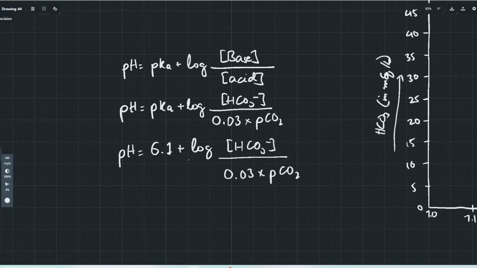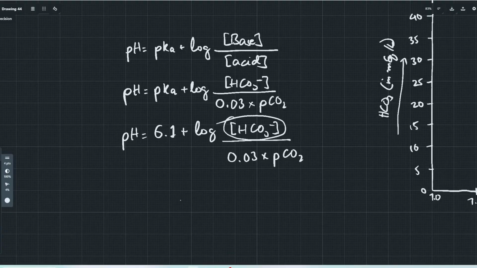So actually we need to find out the HCO3 negative, and to do so we will have to rearrange this equation. How can we do this? First of all, the important thing is that we need to get rid of this log. First, let's rearrange the equation and write pH minus 6.1.